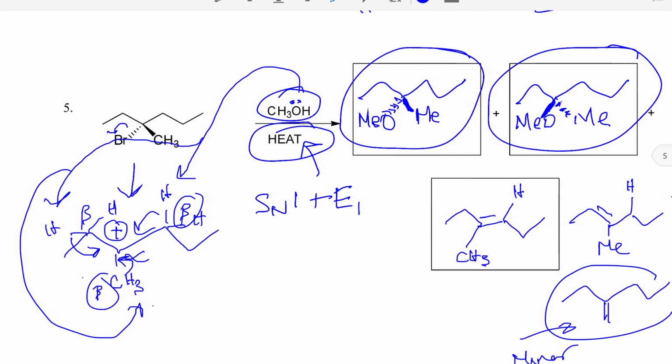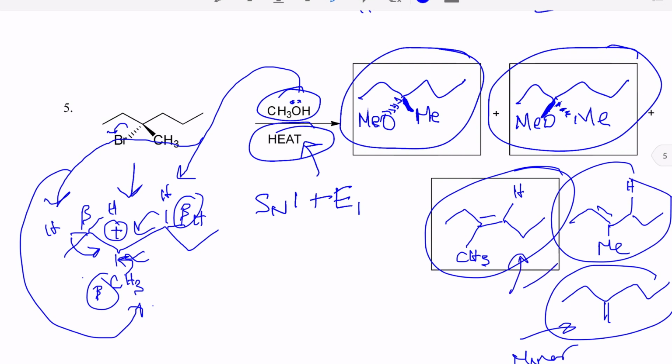So these two are the major compounds, right? Because they both have a tertiary substitution, and this just has a secondary substitution. So these are our final answers for question number 5.